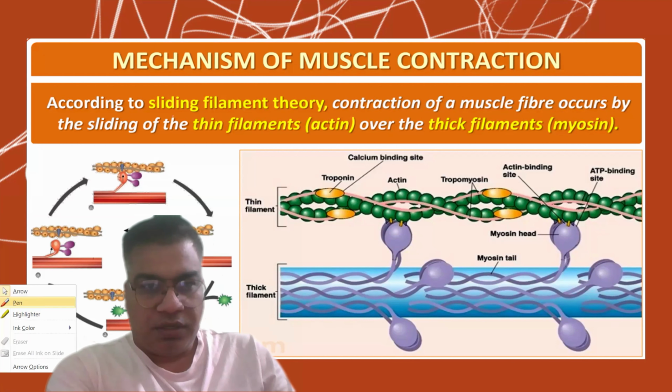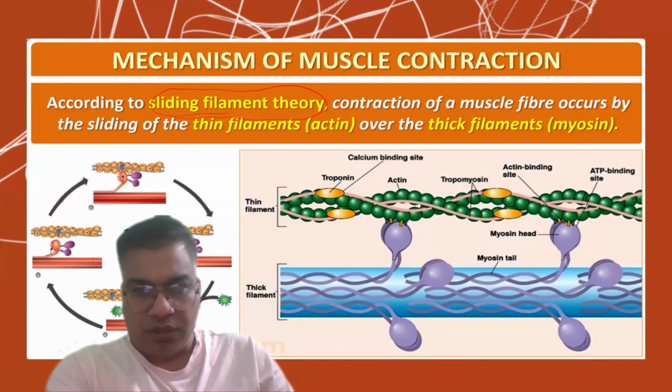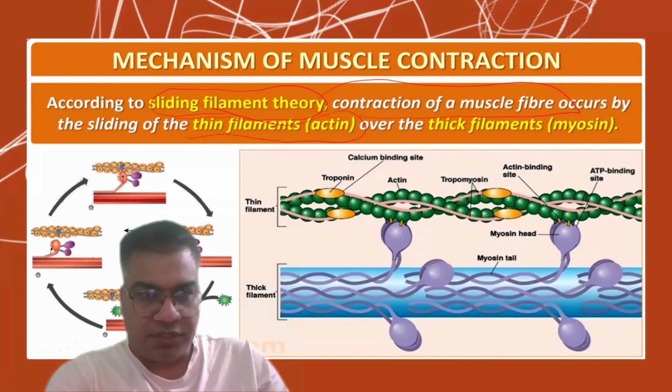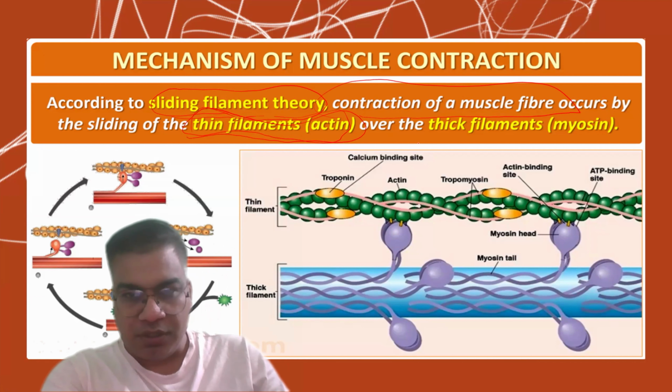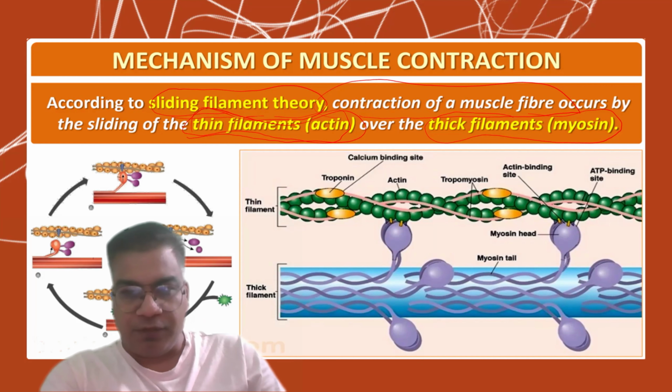We studied in previous lectures that actin protein forms the thin filament, and the thick filament is made up of myosin protein. So there is a sliding of the actin filament over the myosin filament.